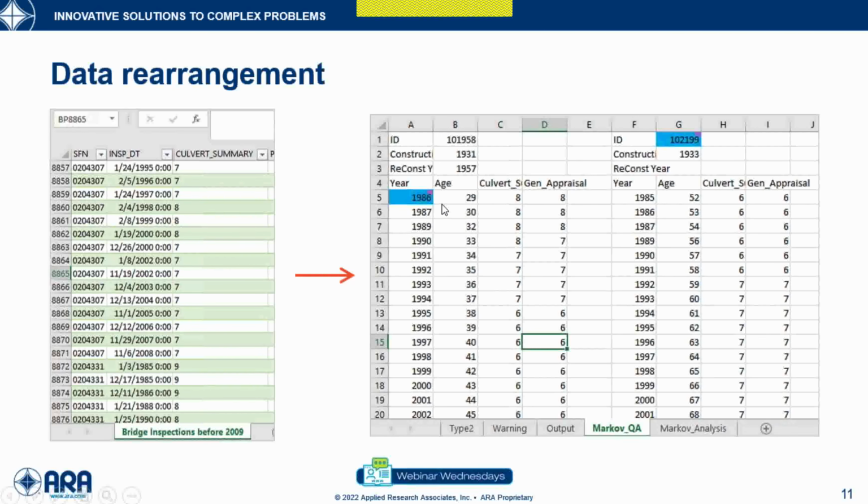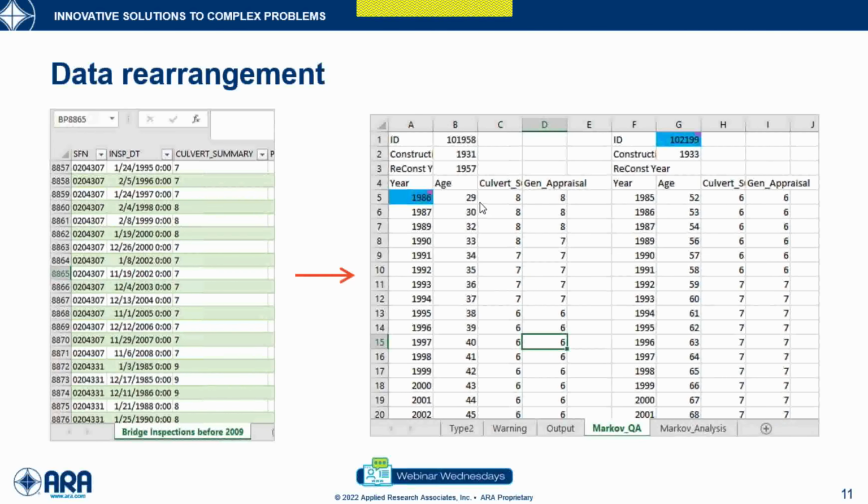So the age would be identified as the difference between the date of inspection and the construction or reconstruction date. So if we have any reconstruction event, even inside the data here, we would reset the age to 0. There might be some other practices, but from our observation, that's a very reasonable assumption.